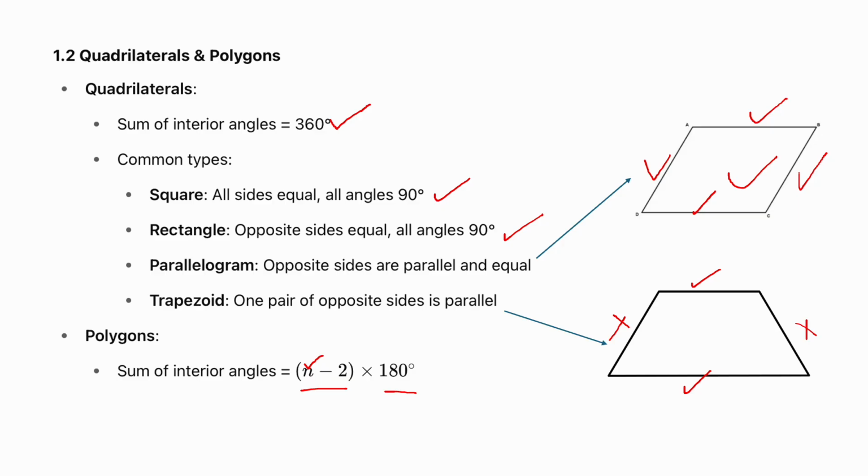For example, a hexagon, which has 6 sides, will have a total angle of 4 times 180, that is 720 degrees. So, in the test they may give a particular value of n and ask for the total interior angle, or they can ask the question the other way around also. But if you remember this formula, you should be able to do it very quickly.